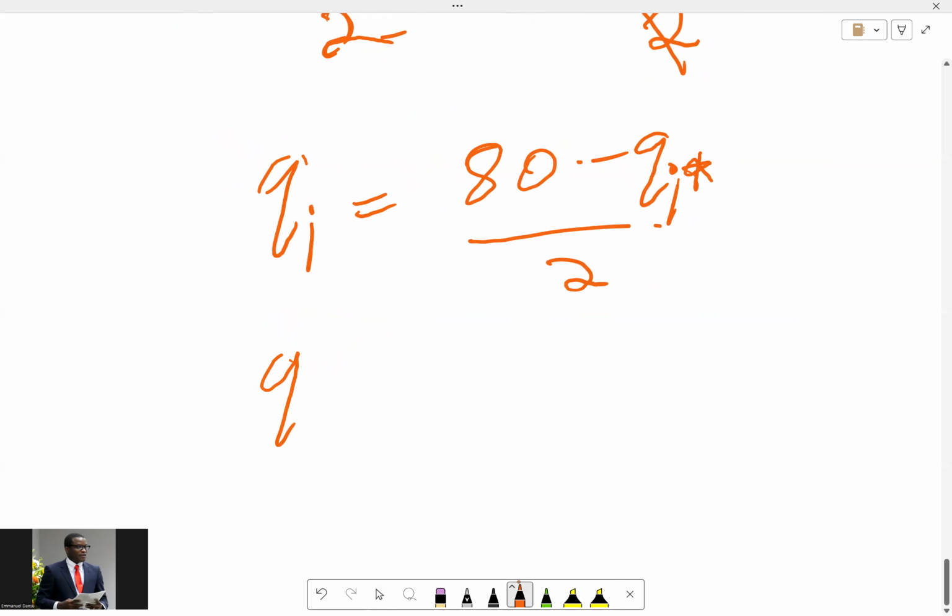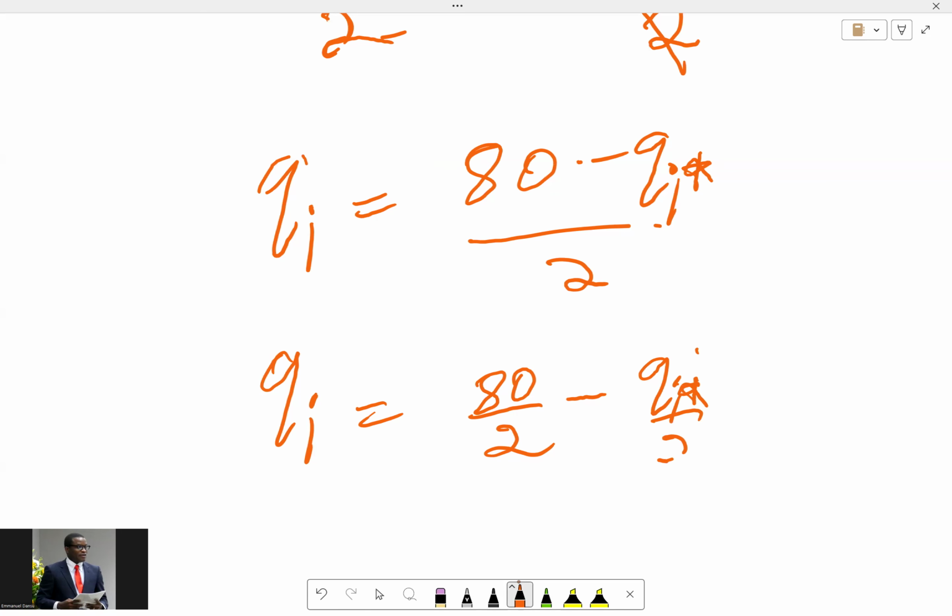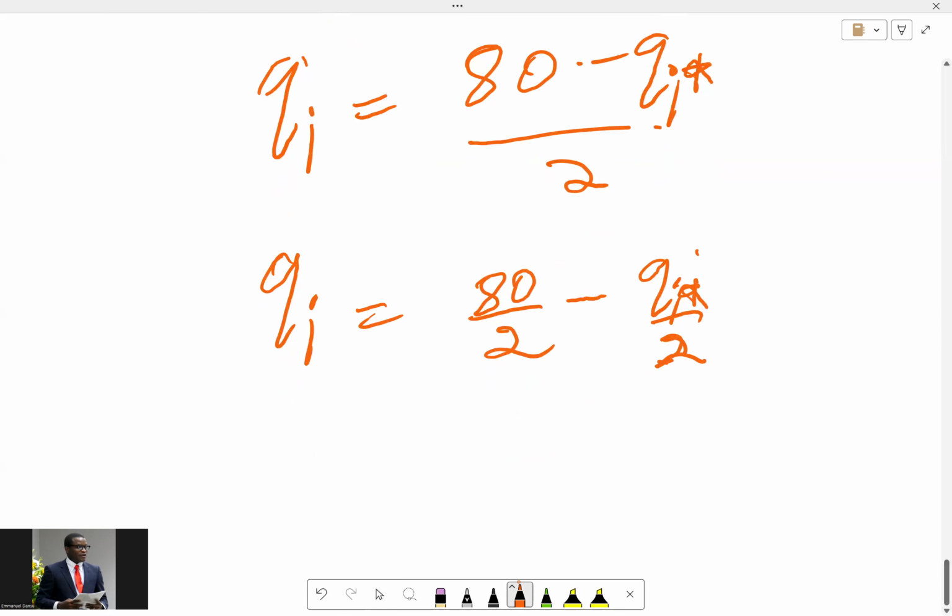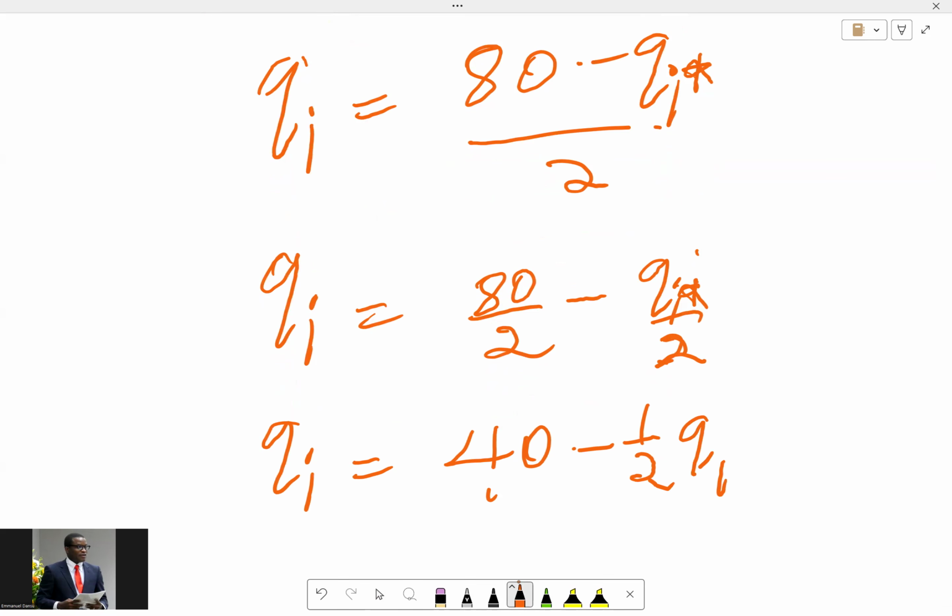That is qi equals 80 over 2 minus qi star over 2. That means qi is equal to 40 minus half qi star. So now we can take this as our best response function.